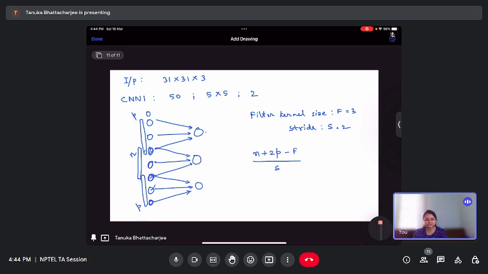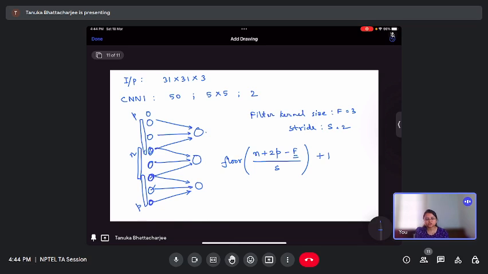The kernel can go till n plus 2p minus f, and it will go s steps at a time. You will have to take the floor of this many steps, plus 1, which is for the last position of the kernel, when it is at the last position, that will give 1 unit.